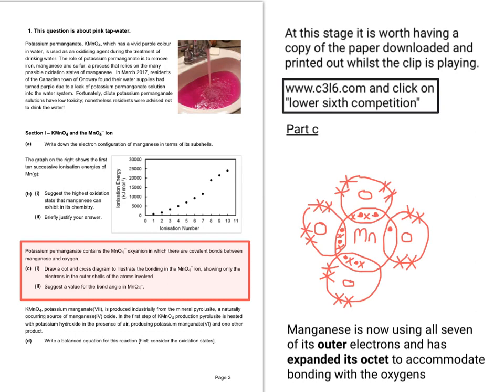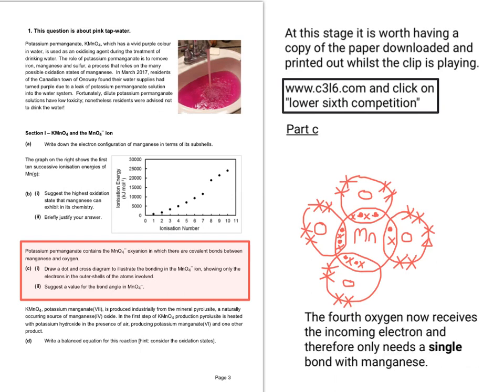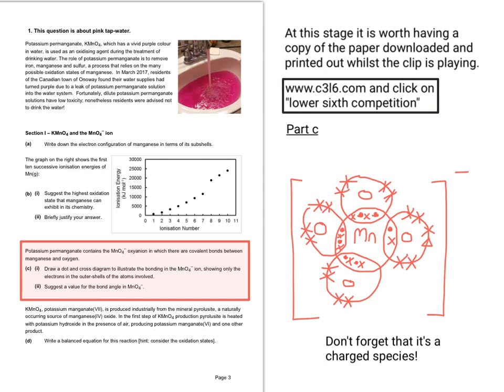We still haven't quite finished because we need to think quite carefully about how to deal with the extra electron. So I've added this to the 4th oxygen, which means it can get away with having a single covalent bond with manganese. Don't forget, of course, it's a charged species, so you need your square brackets and the negative charge.